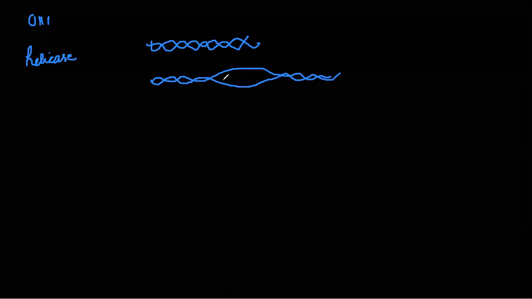It starts to unwind, that is, it just separates these hydrogen bonds between the base pairs. I'm just marking the bonds or base pairs.